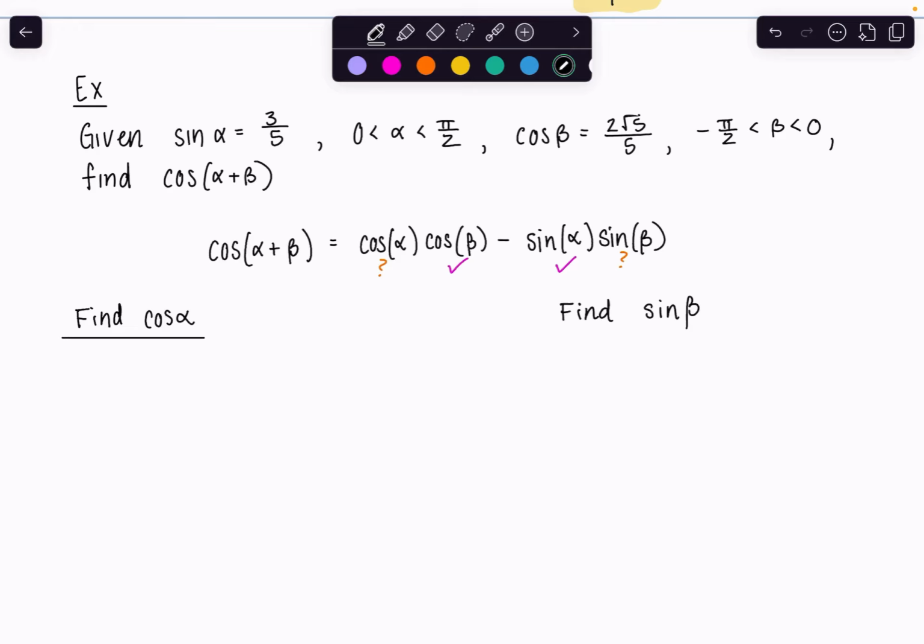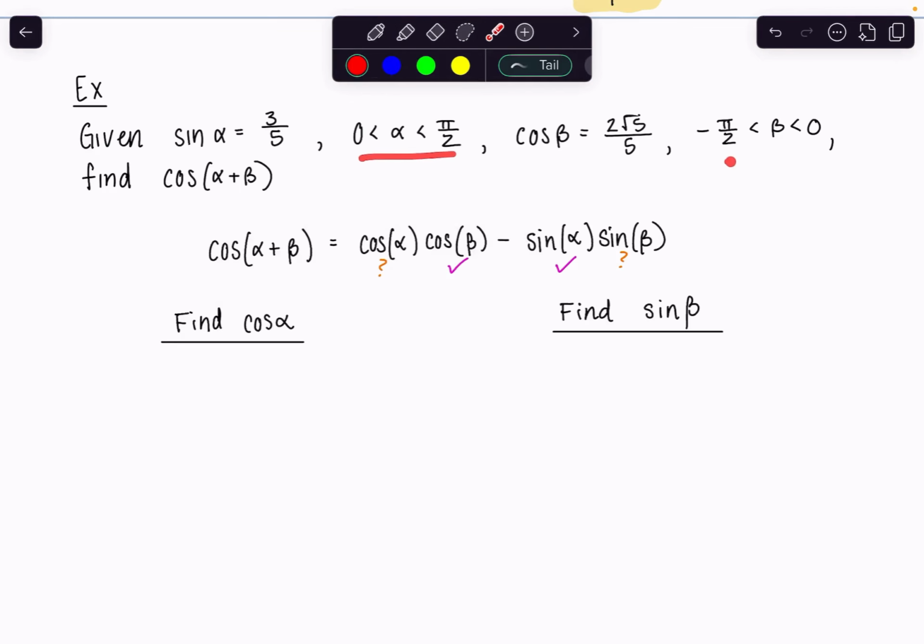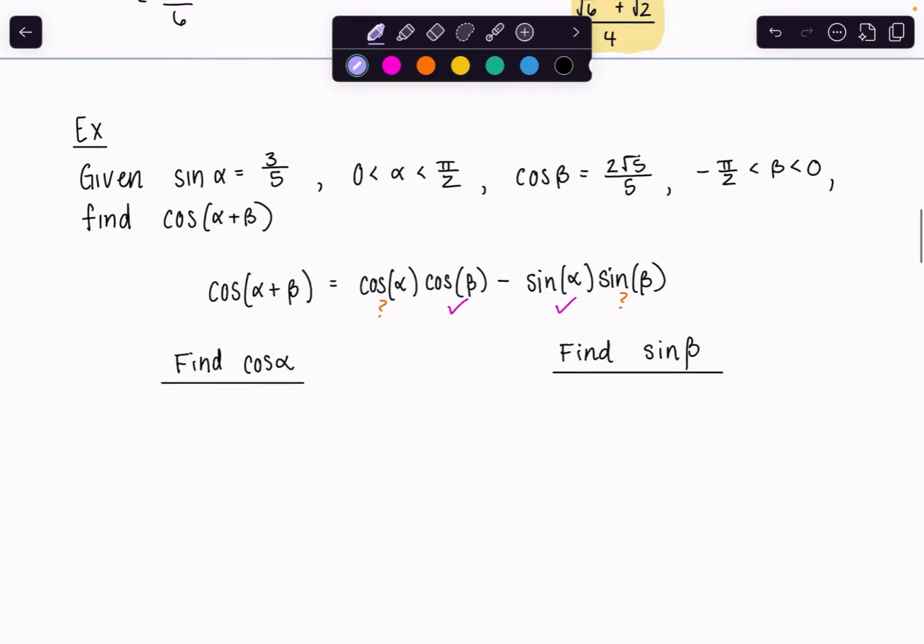Okay. And then I will be good. Now, what these tell us are the quadrants that these angles have to land in. So if I consider alpha between 0 and pi over 2, this is quadrant 1. So when I go to find cosine of alpha, alpha's in quadrant 1, so cosine of alpha is going to be positive.